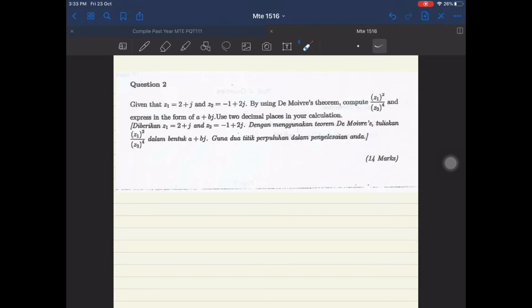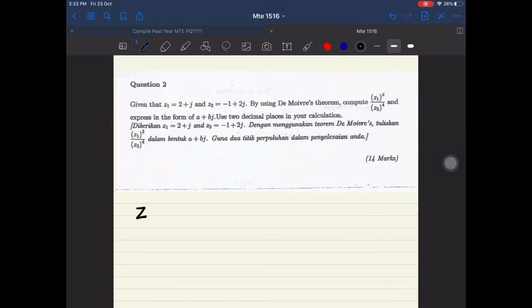Before you can apply this theorem, you need to express your z1 and z2 in polar form. So let us do that first.